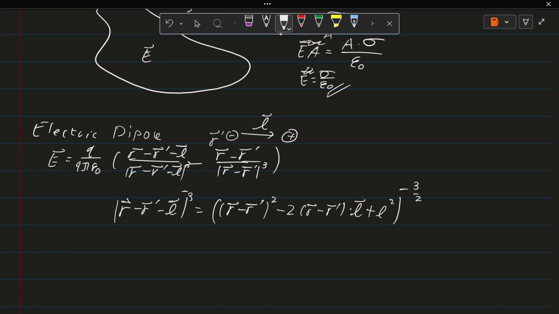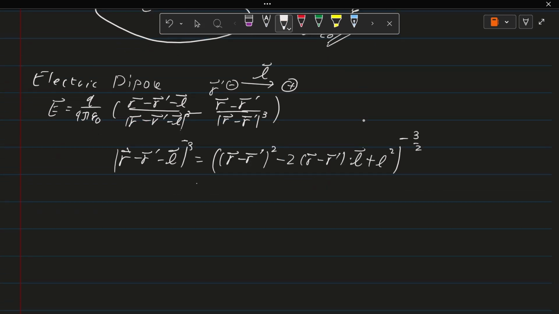You could rewrite this in terms of a Taylor series, so it could be simplified further into r vector minus r vector prime to the power negative 3, multiplied by 1 plus 3 r vector minus r vector prime dot L vector over r vector minus r vector prime squared, and so on. We'll just ignore the L squared terms.